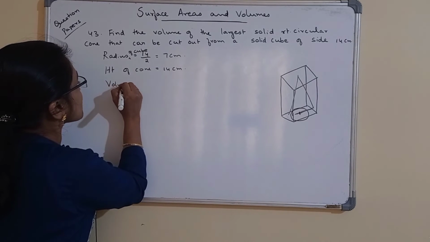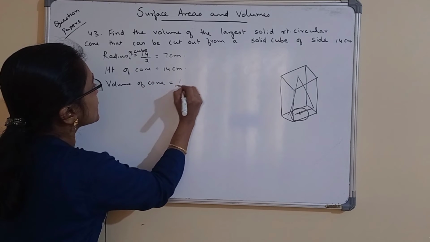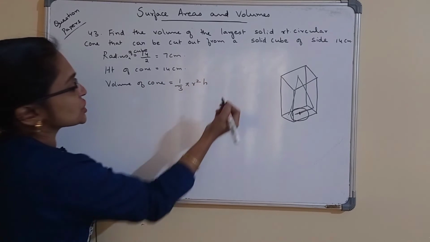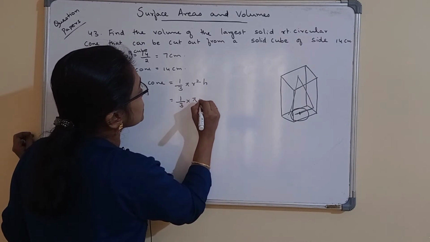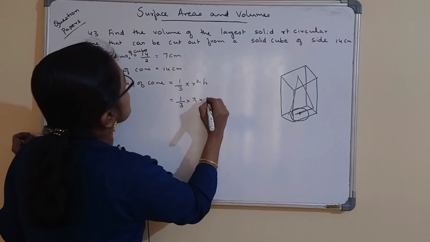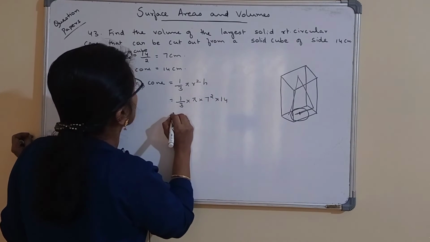Volume of cone is equal to 1 by 3 pi r square h, which is equal to 1 by 3 into pi into r square, 7 square, into h, 14.